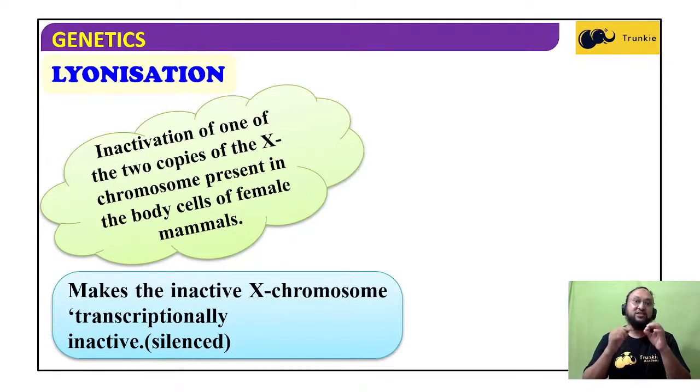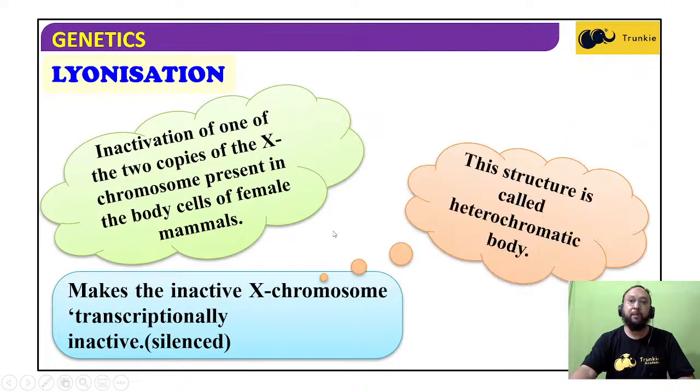But since Lyonization is taking place, meaning inactivation of one of the X chromosomes, it is caused by inactivity of the transcription process. So transcription is silenced, and this chromosome is no longer functional. Now this structure is called a heterochromatic body.